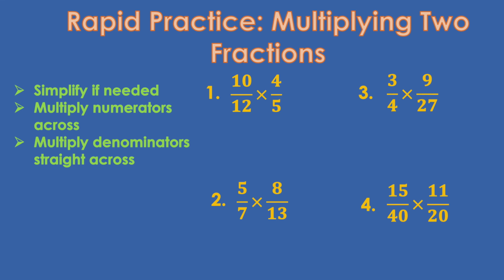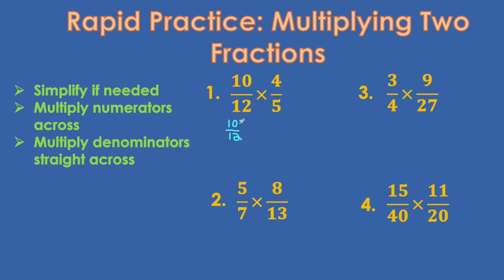All right, let's get into these 4 problems. We have our steps listed here in case you need to review them. Our first problem, we have 10/12 times 4/5. First step, we're going to see if we can simplify either of these fractions. First one can be simplified. Let's rewrite this. 10/12.